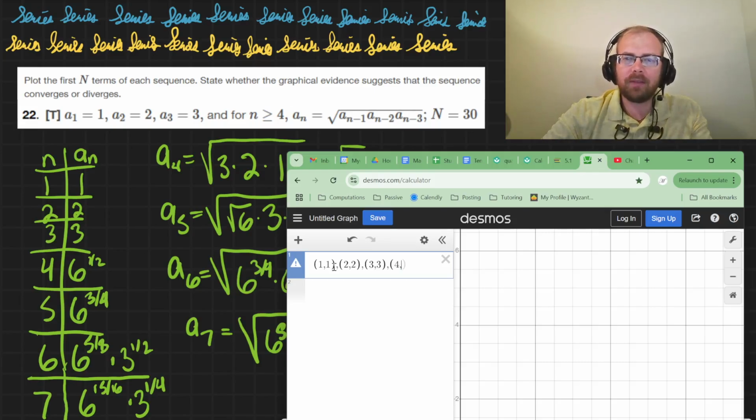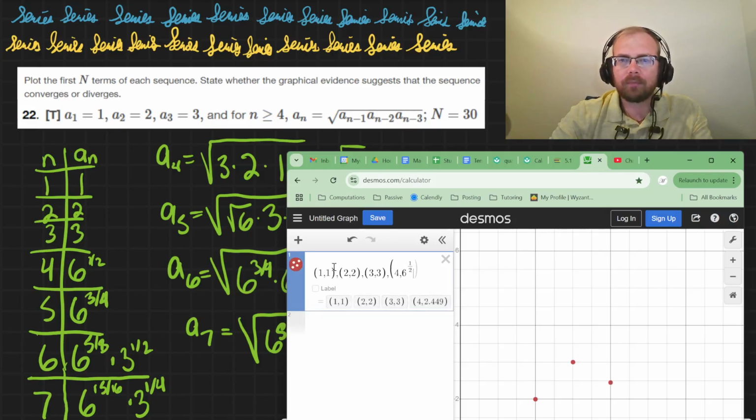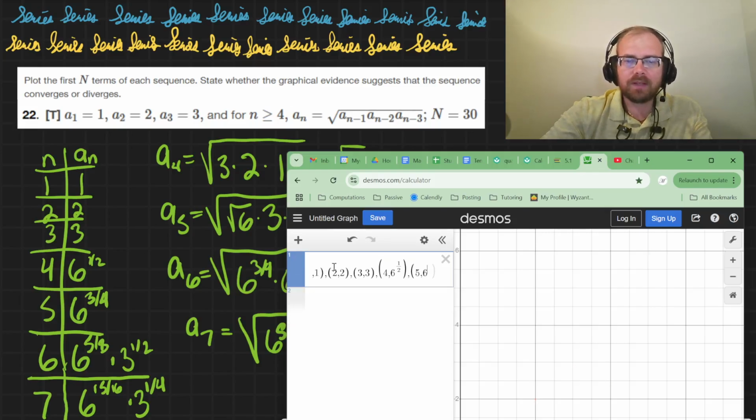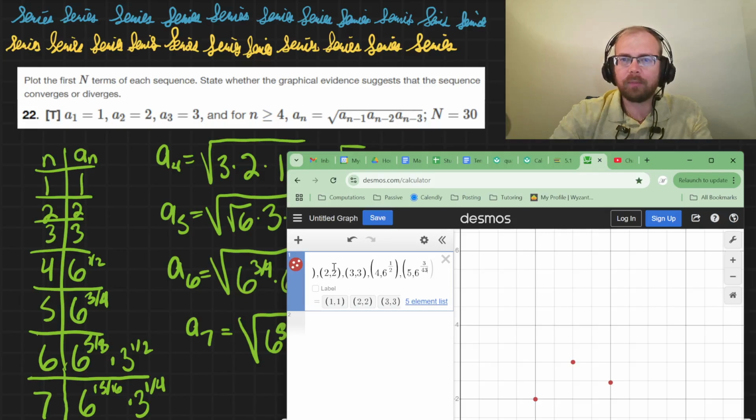I'm just going to write them as powers. I think that's going to be easier. 6 to the 1/2 power. There's 4 values. And then the 5th value is 5, and then we've got 6 to the 3/4 power.